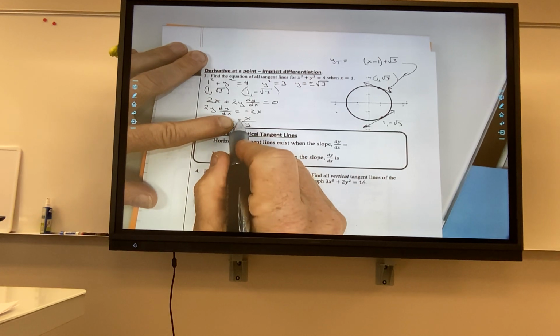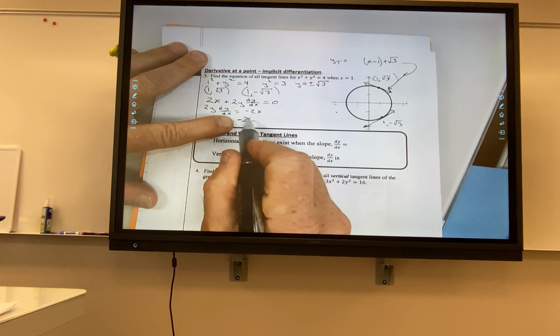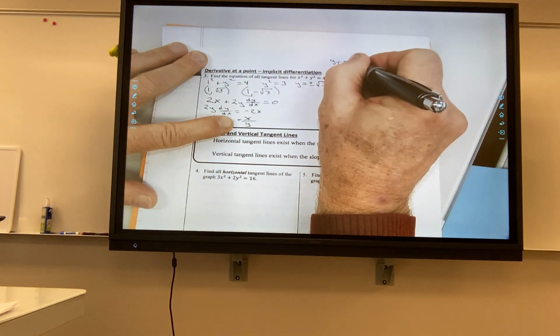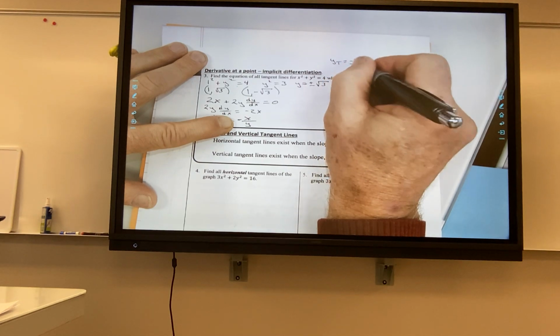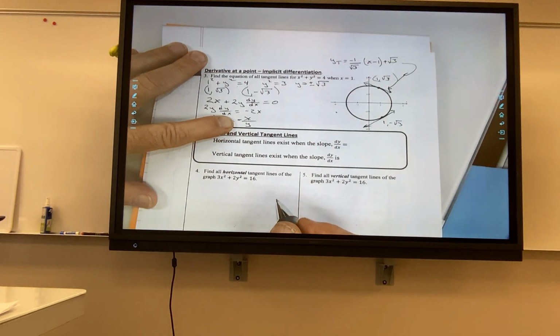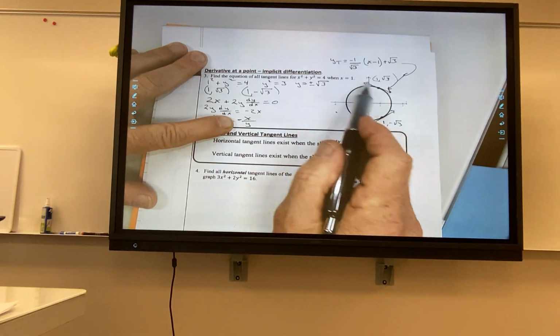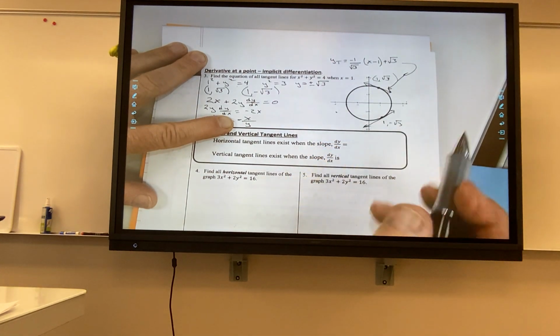Okay, look. You see this negative symbol in here? So if I put a 1 in here, that becomes a negative what? Negative 1 over the square root of 3, because that's where the y is. And it makes sense because I have a negative slope. You can see it's slanted, so it's negative.